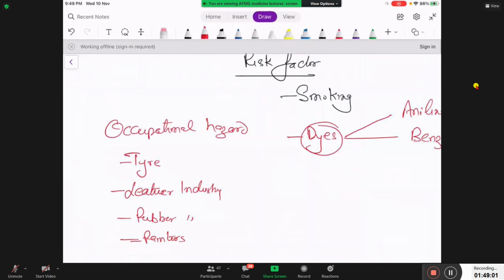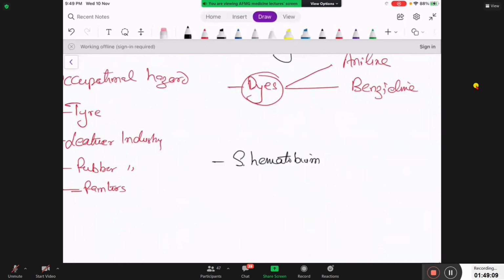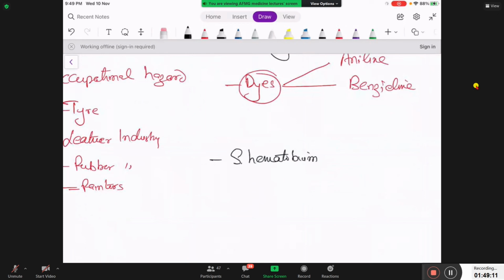Then, important to note, Schistosoma haematobium is also a risk factor for bladder cancer. But please highlight that in your notes. It is more important a risk factor for squamous cell carcinoma of the bladder.